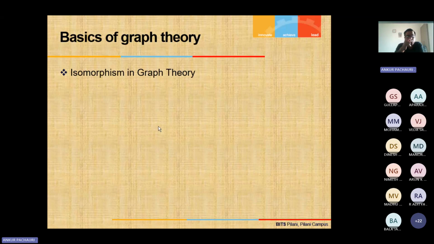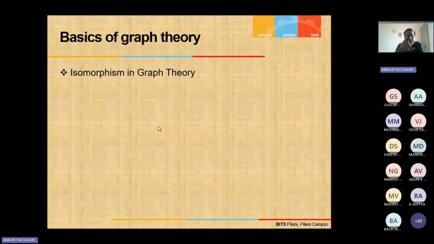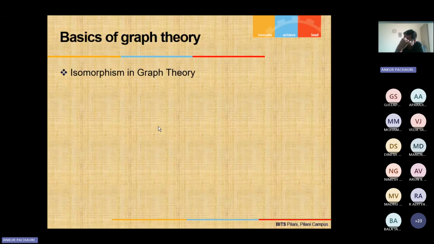It's not so in isomorphism. This is the beauty behind it, because isomorphism doesn't belong to any of the complexity classes. You have heard about asymptotic notation. There is no asymptotic notation that can be assigned to the isomorphism problem: neither big O of 1, nor big O of n, nor n square, nor n cube, nor n to the power n. The solution to this problem varies from linear time to exponential time.